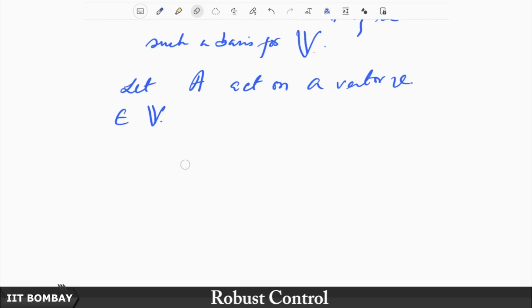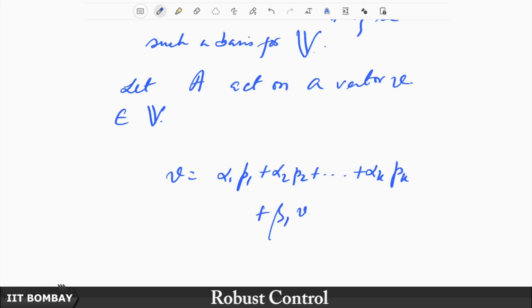So then this V that we pick from the domain can be written as alpha 1 P1 plus alpha 2 P2 plus dot dot dot till alpha k Pk plus beta 1 V1 plus beta 2 V2 plus dot dot dot till beta n minus k V n minus k, right.